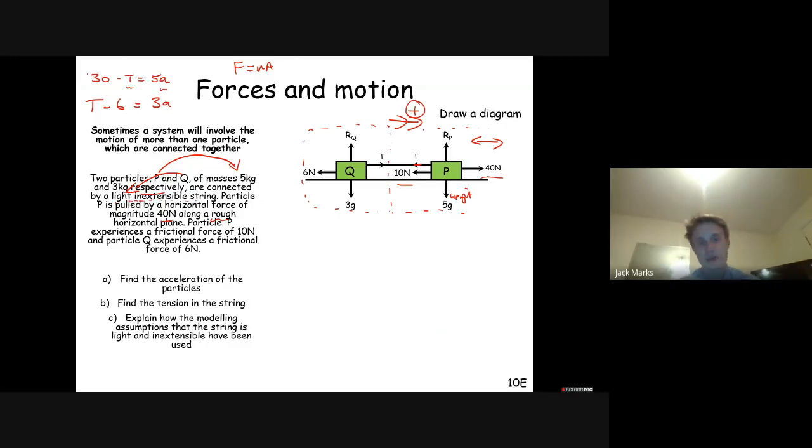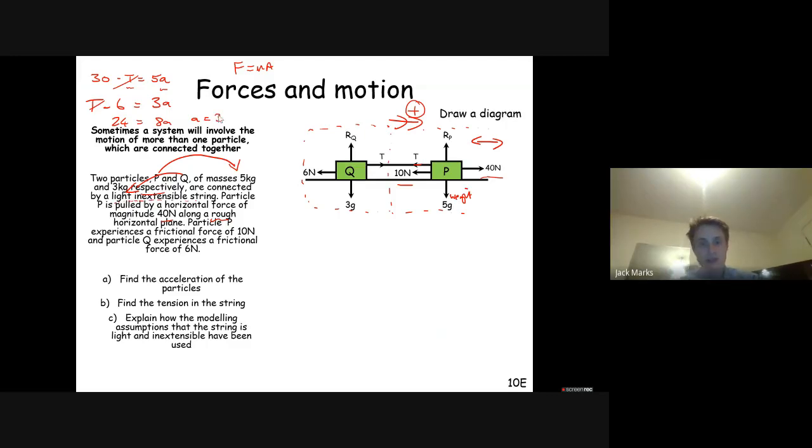Well, you might have an idea now. Something might be coming to mind. If we're trying to find acceleration, what you could do is add these together. Minus T plus T will cancel out, and you would get 30 plus minus 6, you get 24. And on the right-hand side, 5a plus 3a, you get 8a. a is equal to 3. So that's one way that you could do it.